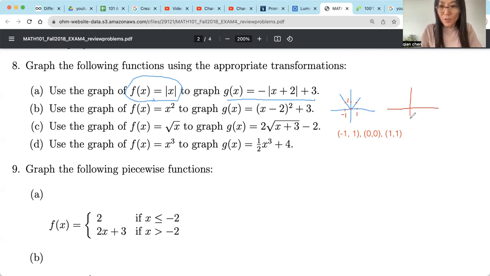g is a transformation of f. First, we see x is being pushed to the left. Let's write down underneath here.